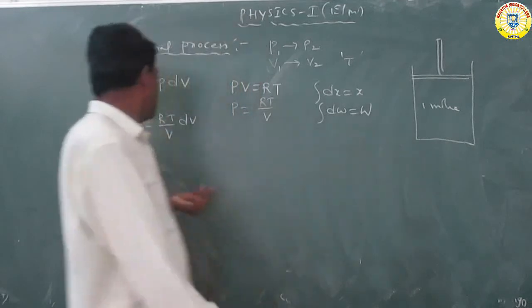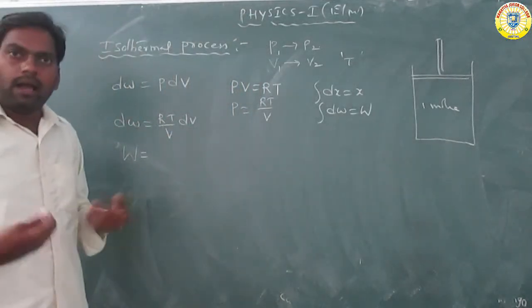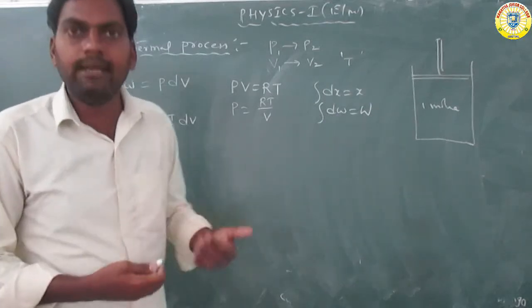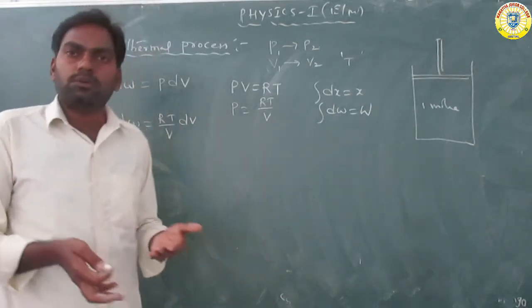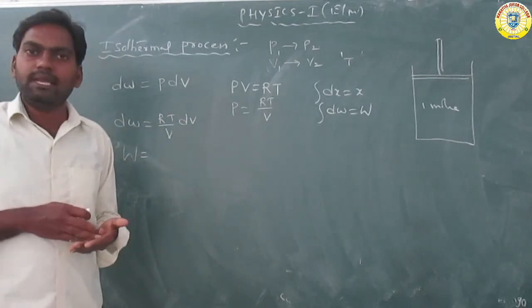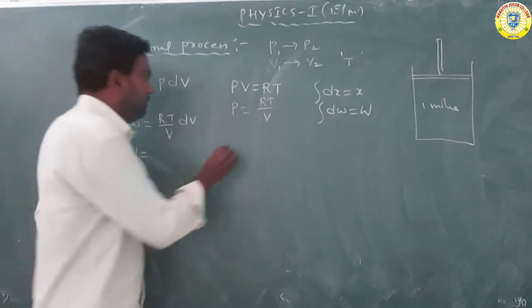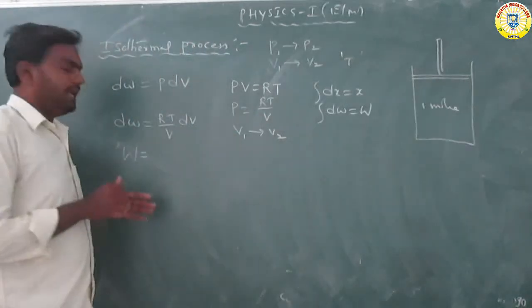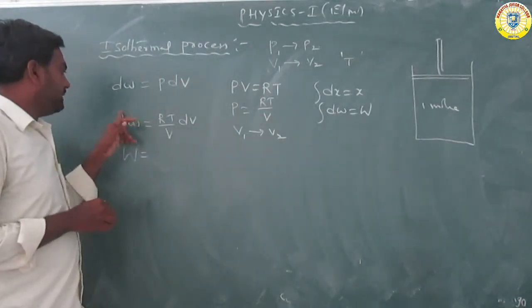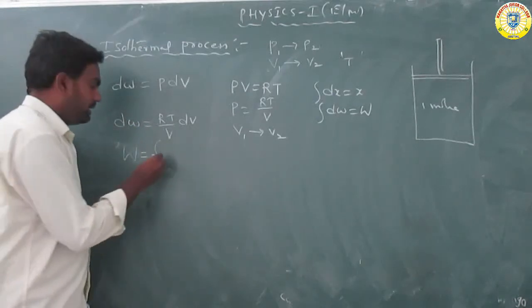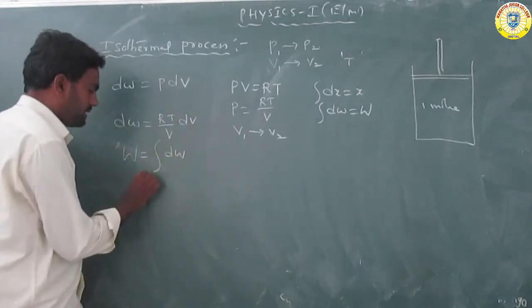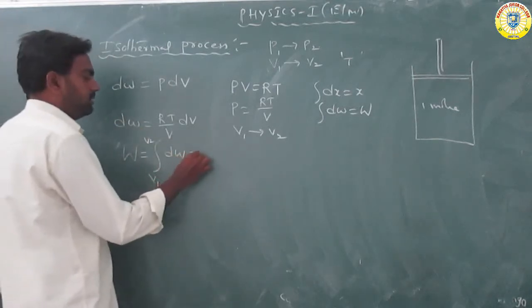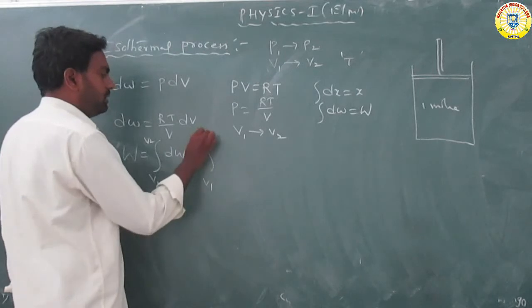To get the total work done, the total extension is from V1 to V2, so we integrate on both sides with limits V1 to V2.